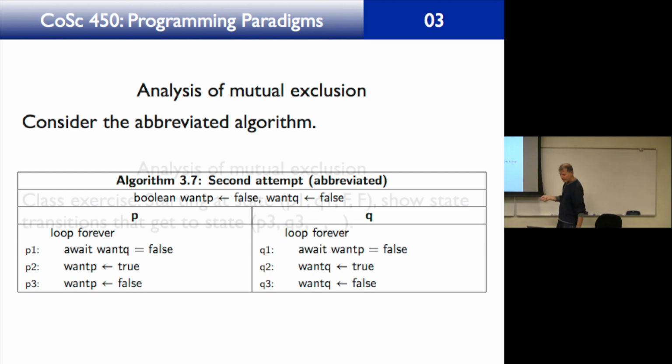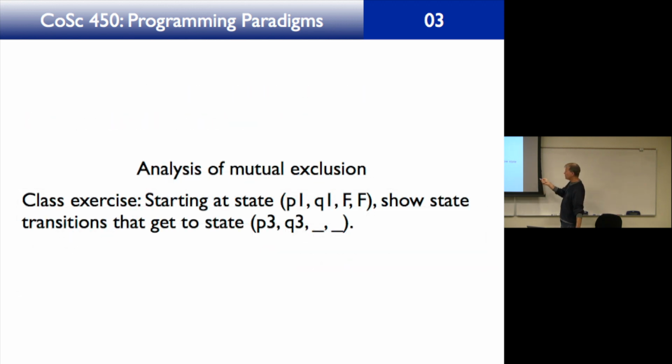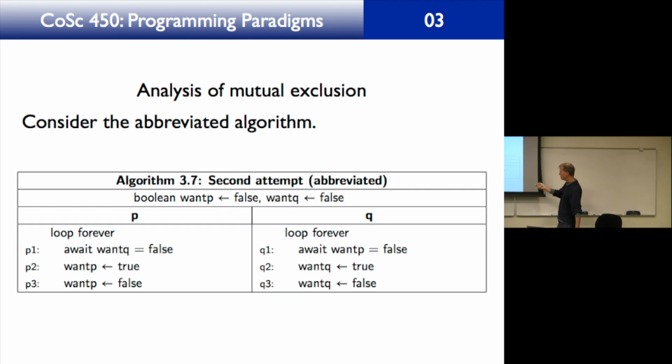So consider this abbreviated diagram. And let's do an analysis of mutual exclusion. Starting at state P1, Q1, false, false, show state transitions that get to state P3, Q3. Is that possible? If we ever get to state P3, Q3, what will happen?